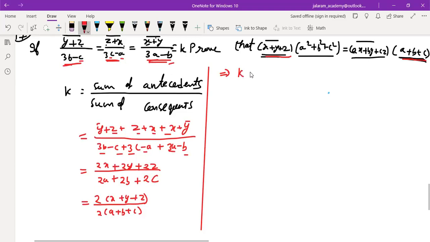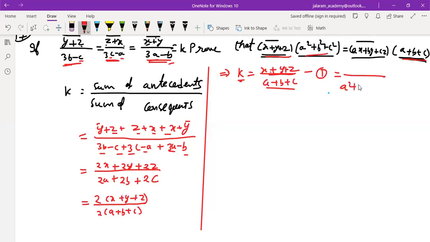It implies k equals, 2 cancelled out, x plus y plus z over a plus b plus c. If we cross multiply this, we get a plus b plus c into k equals x plus y plus z. Actually, you do not have to cross multiply it, but first keep it in mind. And now what should we make k equal to, so that this gives x plus y plus z into a square plus b square plus c square.